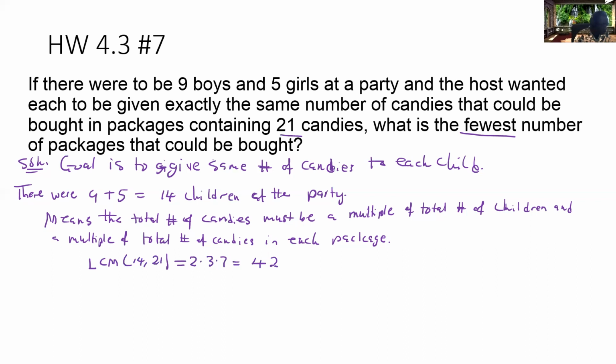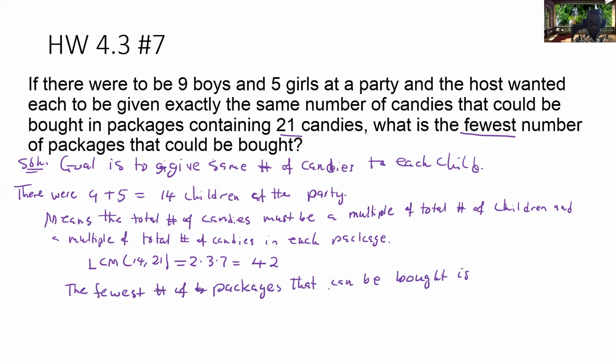Then, according to the question, what's the fewest number of packages that can be bought? It is going to be this least common multiple divided by how many candies are in the package.